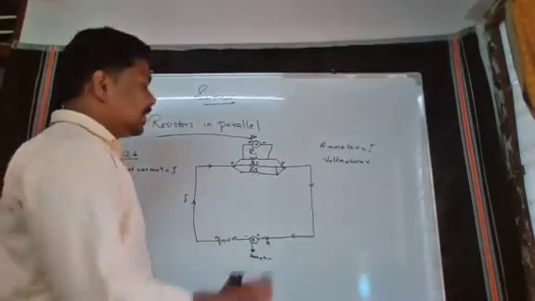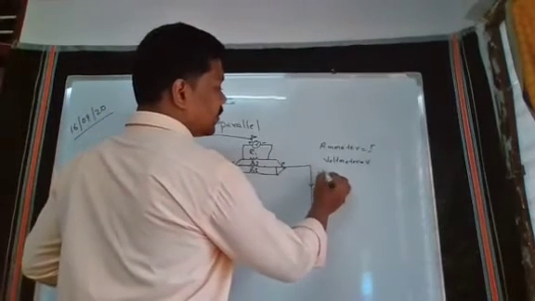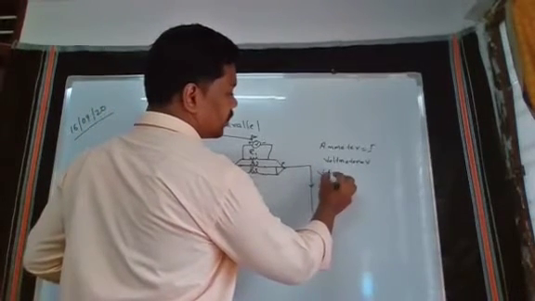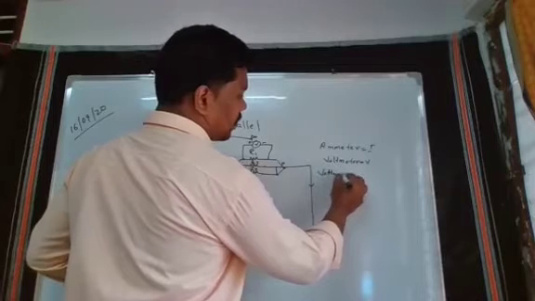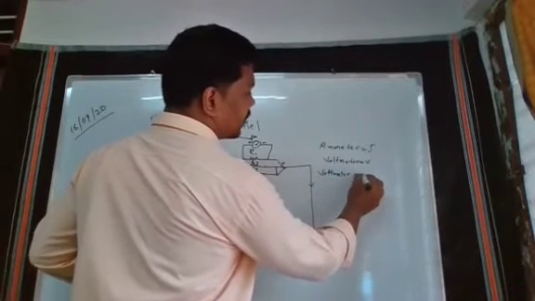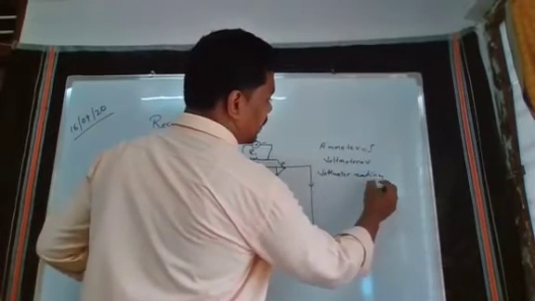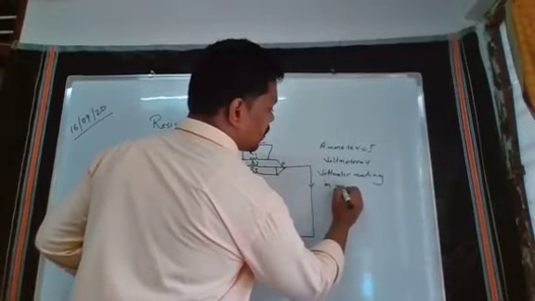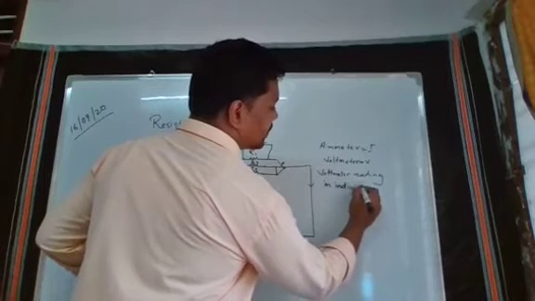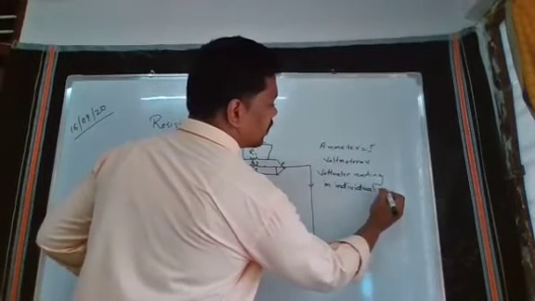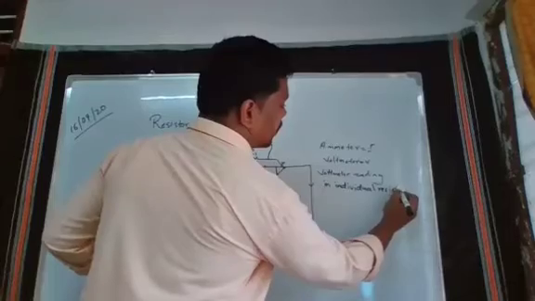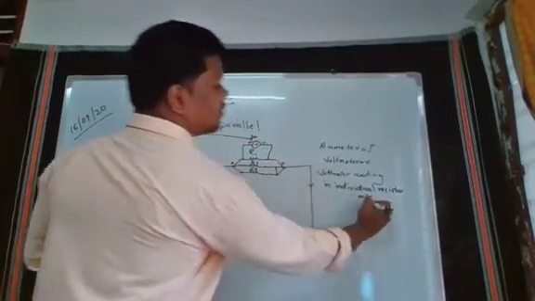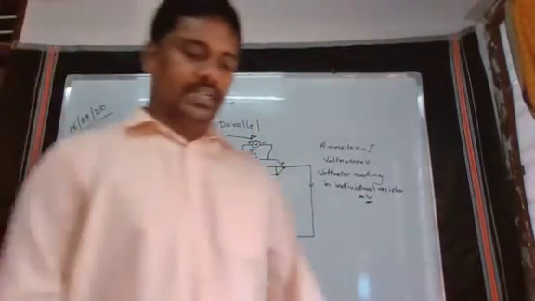Like that, the voltmeter reading in individual resistors is also V. Okay, no change in that.